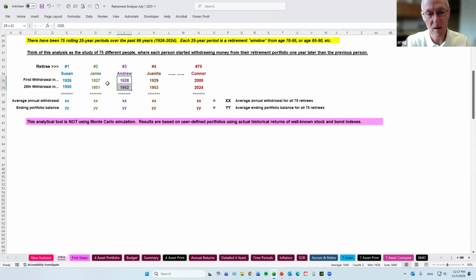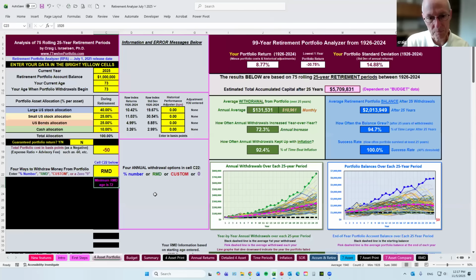So there are 75 different people, and we're looking at their collective experience in terms of how the retirement portfolio behaved, what it allowed us to withdraw, how much was remaining, and then any number of scenarios in and around all those variables. Once you see it that way, the whole rolling 25-year thing, it'll be easier to understand the screens that I'm going to show you.